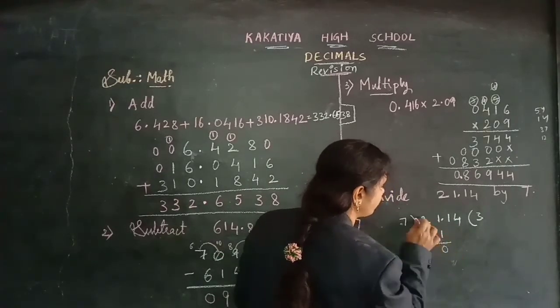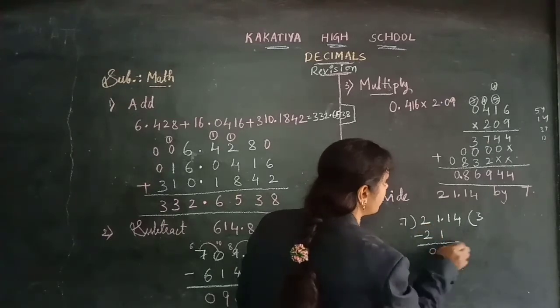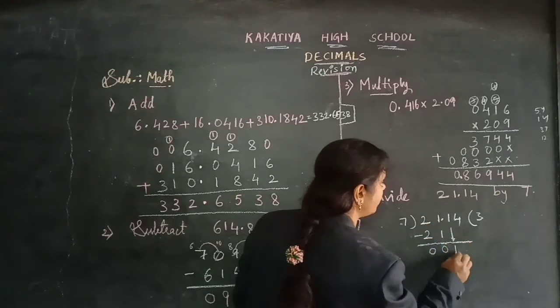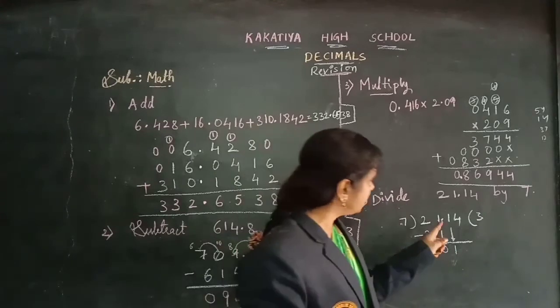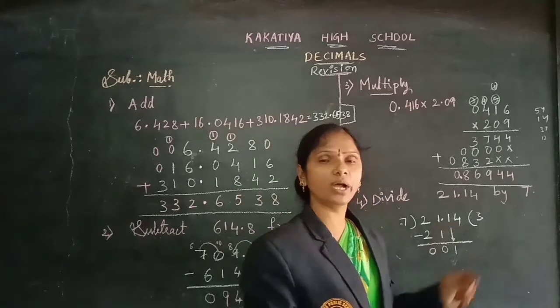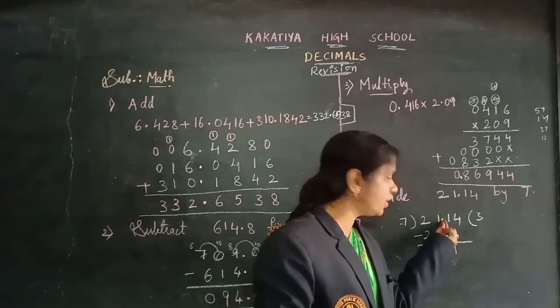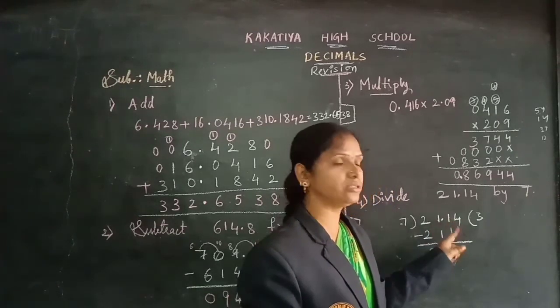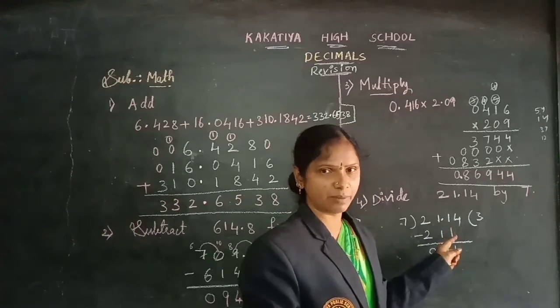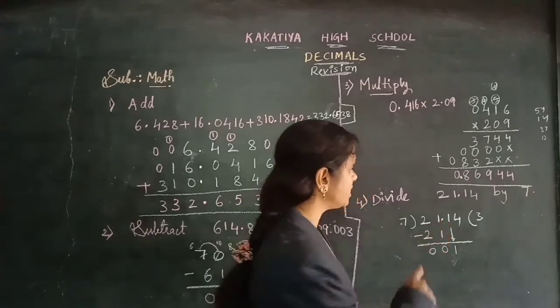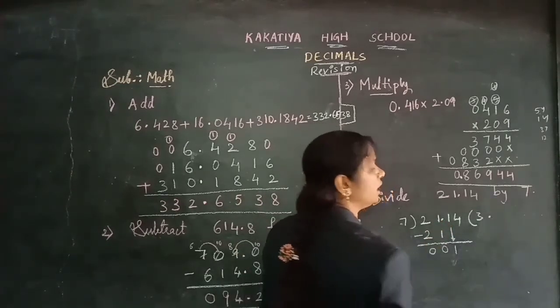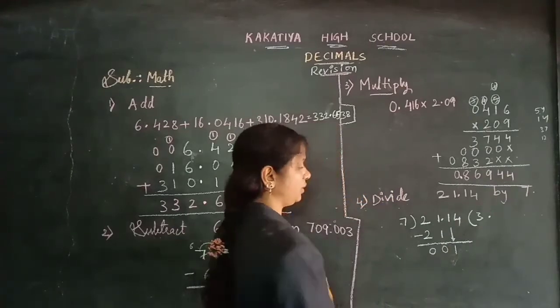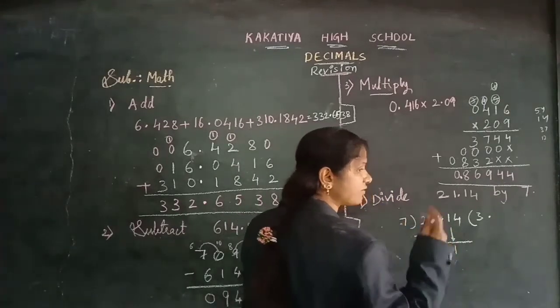Now 0 and here 0. Now I am taking the next digit 1 down children. But here the next digit is the decimal point. Here we have the decimal point in the dividend. Okay. So when you are taking the digit after the decimal point, we need to keep that decimal point in the quotient. Means 3 point we need to keep. Okay. Now here 7 ones are 7 will be bigger.